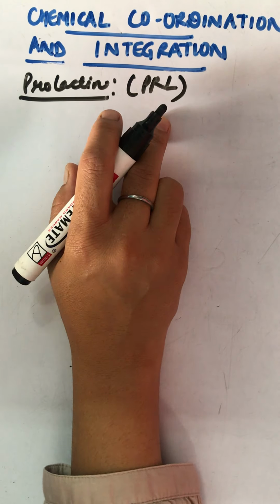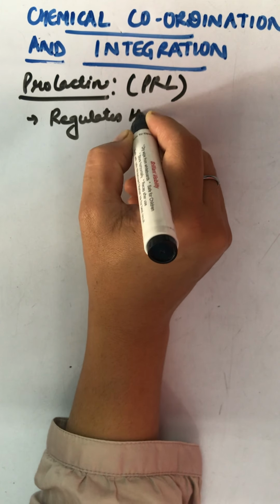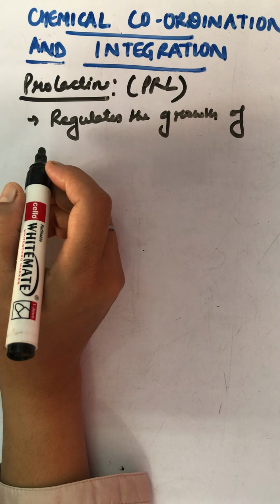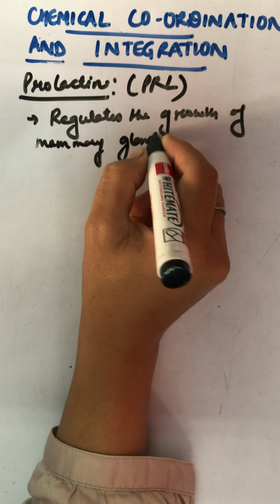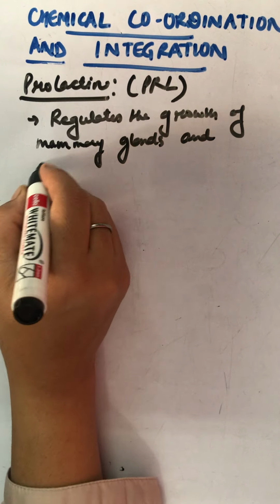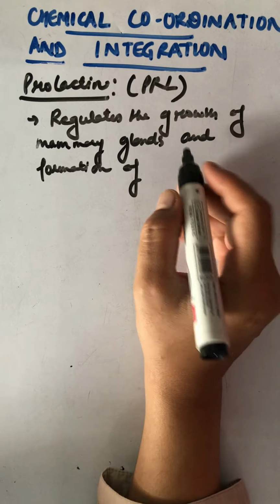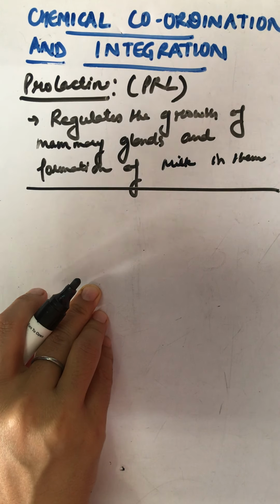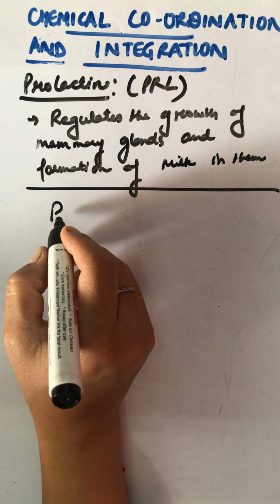Regulates the growth of mammary glands and formation of milk in them. All right, from where? Basically pars intermedia.